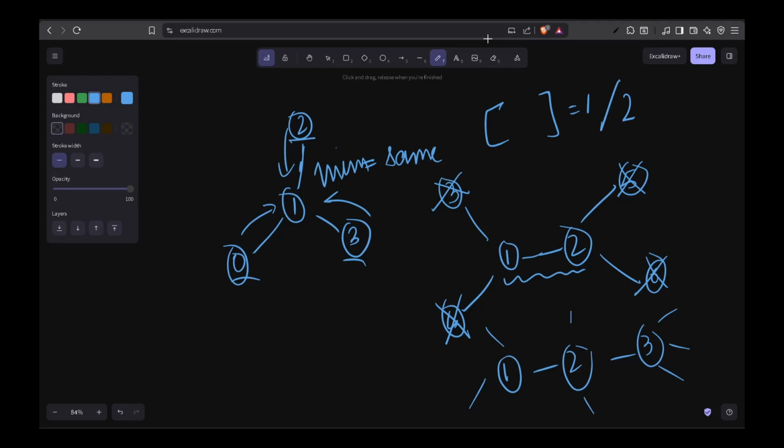But even then, we can still eliminate 1 and 3, and the answer would be 2, right? So in that way, in our answer, we'll always have either 1 node or 2 nodes at the maximum. So let's try writing the code for this, and it will make more sense.